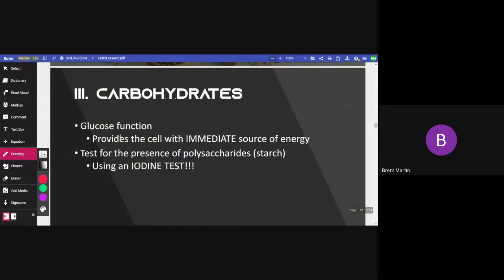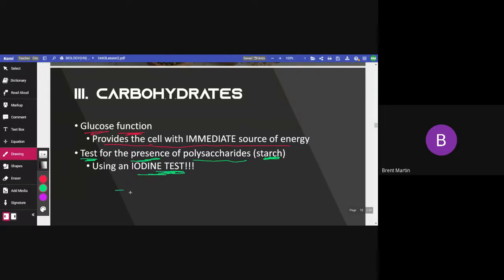All right, now there is a function. You do need to know the function of what glucose is and what it does in the body. It provides the cell with an immediate source of energy. And there is a test that you can use to test for the presence of a polysaccharide, specifically starch. That test is called an iodine test.